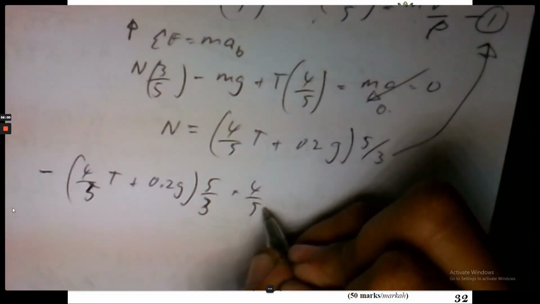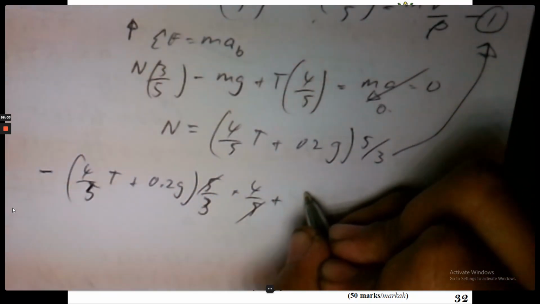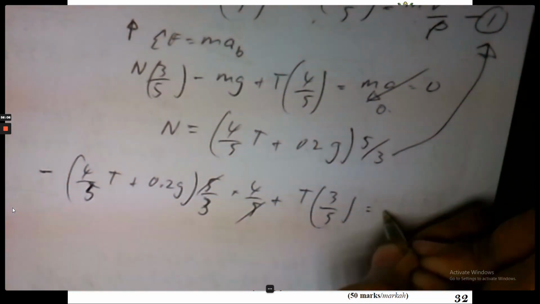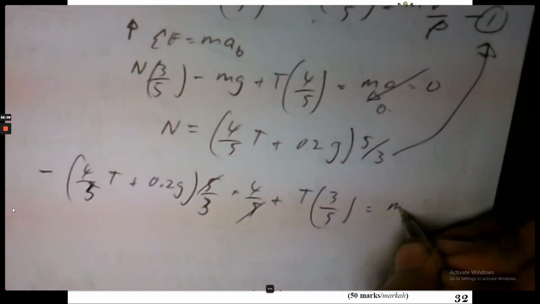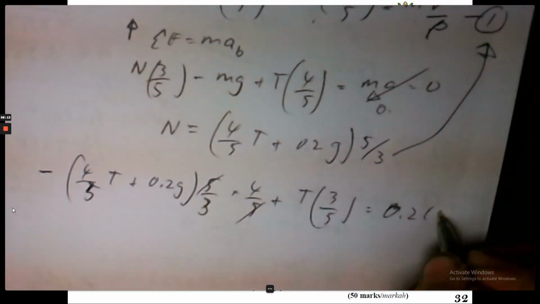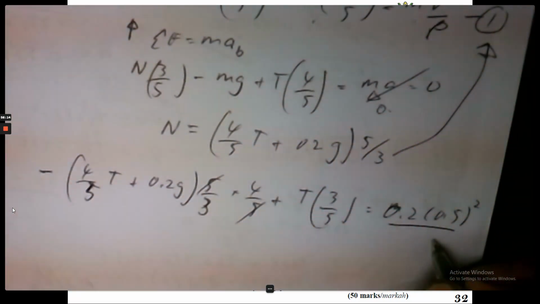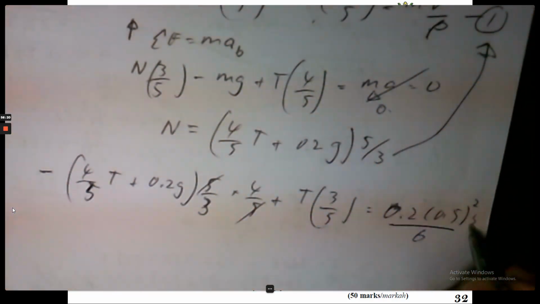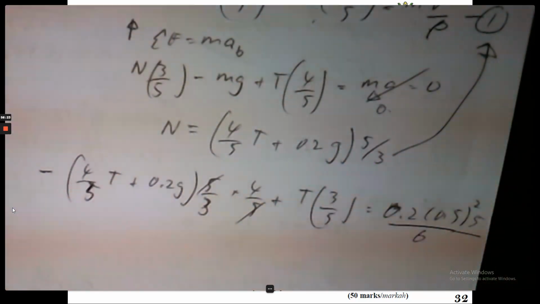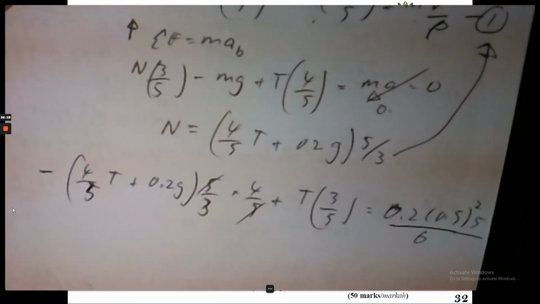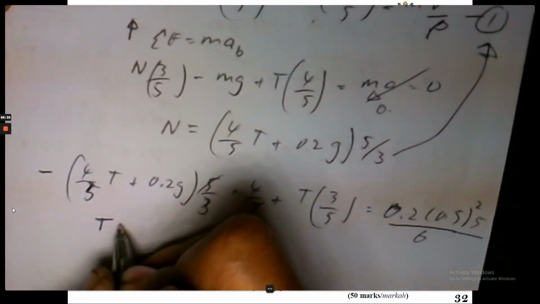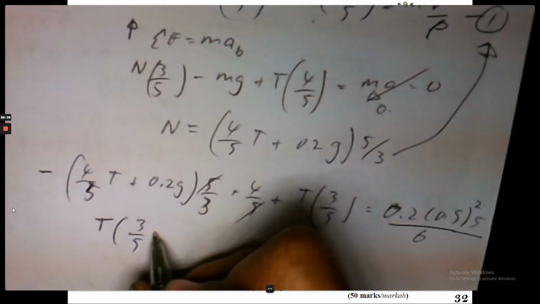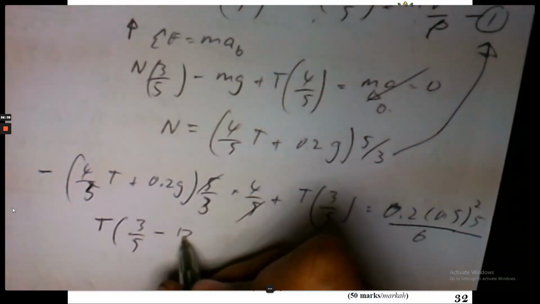And then 5, plus T 3/5, m is 0.2, v is 0.5 squared divided by rho, we got it here, 6 divided by 5. Okay, and then we can solve for T. This is quite a lot. T 3/5 minus 12 divided by 5.